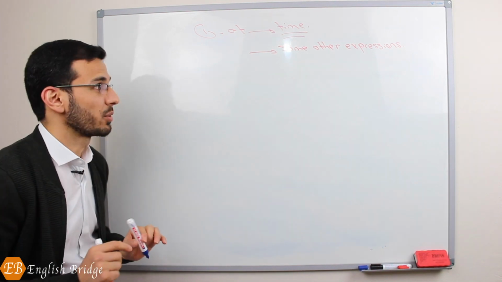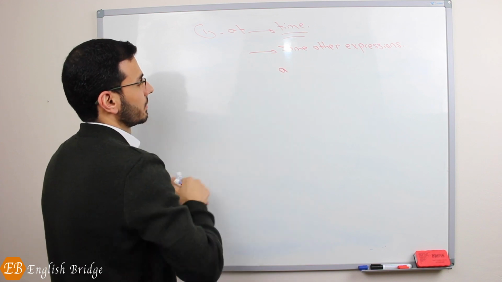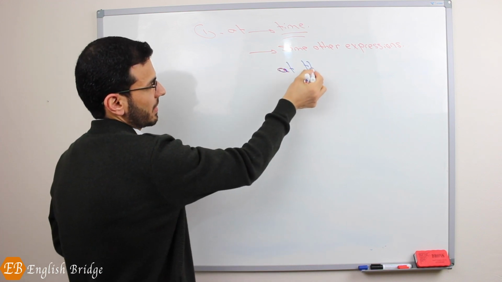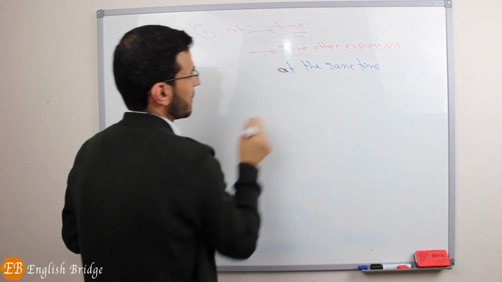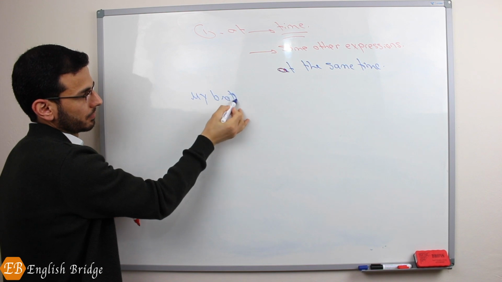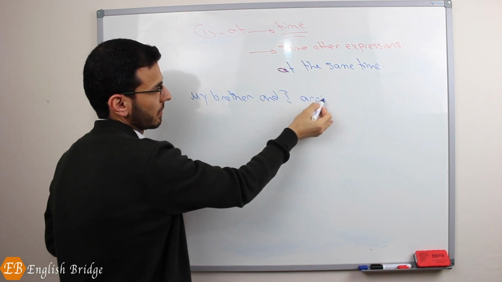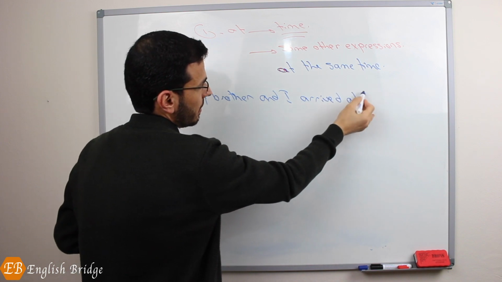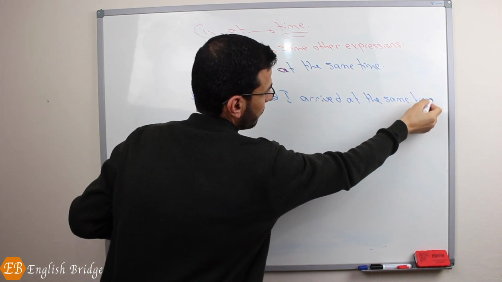The last two we have about at are the following ones. At the same time. For example, you can say my brother and I arrived at the same time.